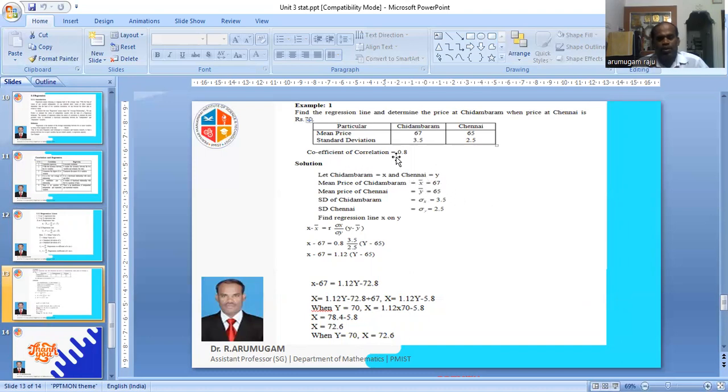The correlation coefficient r is already given as 0.8. You have to substitute all the values in the regression line x on y. Finally, you get x minus 67 equals 1.1 into y minus 72.8. When y equals 70, you get x equals 72.6. So these are the basic ideas in the correlation coefficient.